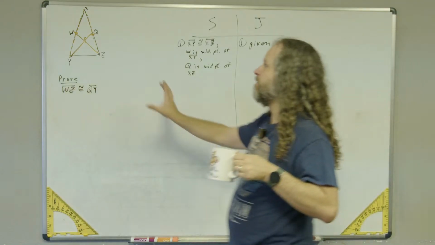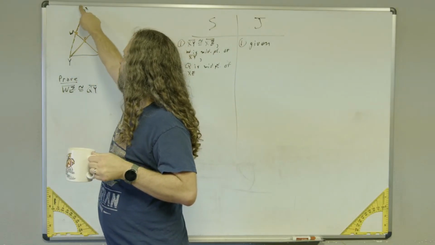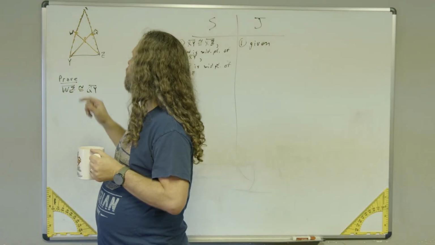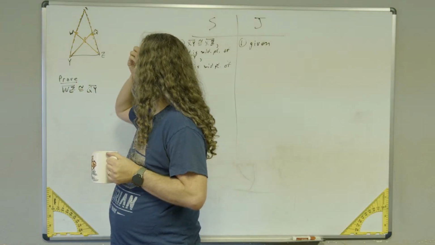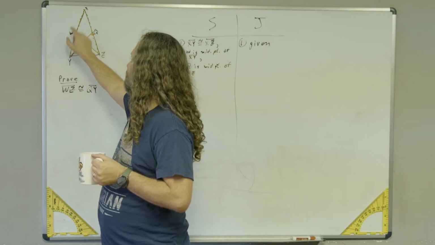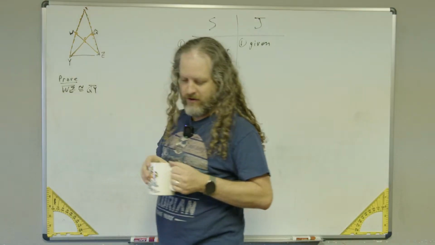W is the midpoint of XY. What does that tell us? If this is the midpoint, what's true about these segments? They're congruent, yeah.